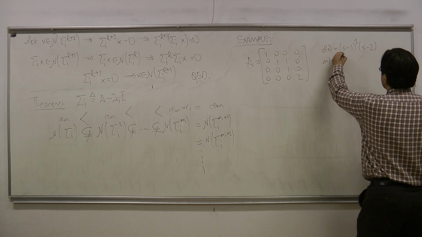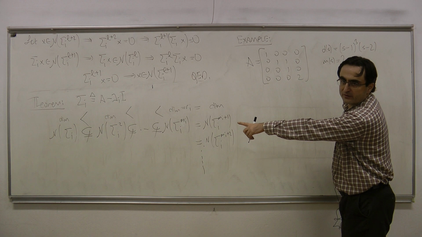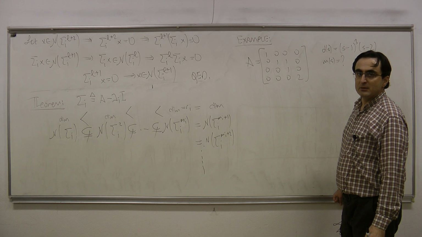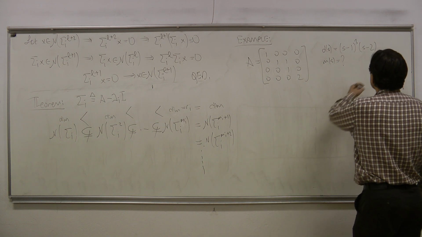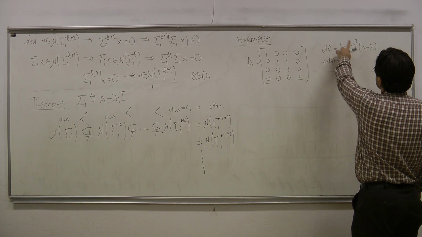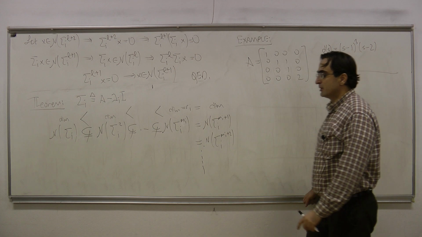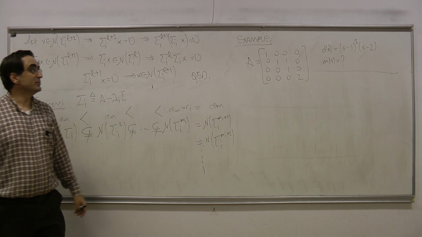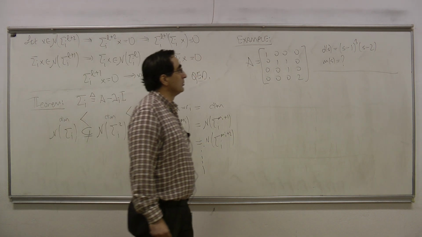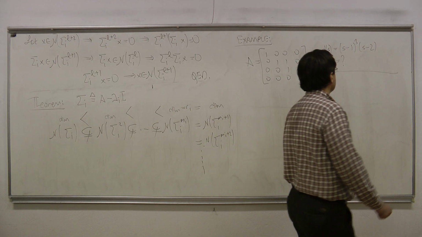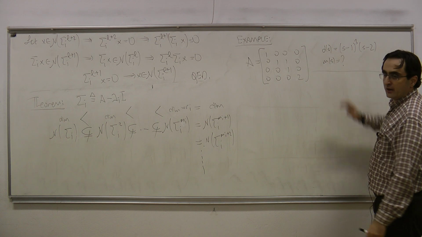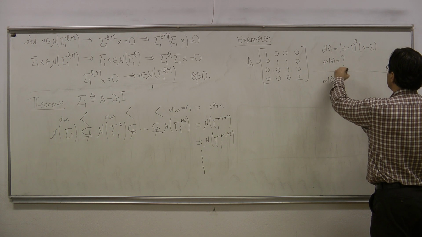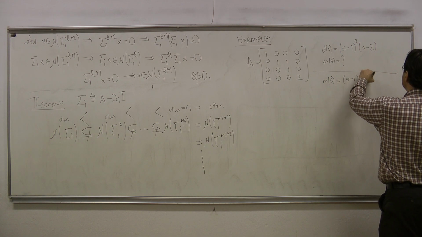But here we are going to use these null space properties to determine the minimal polynomial. So for this matrix, how many minimal polynomial possibilities exist? How many different minimal polynomials can such a matrix have? I have this characteristic polynomial. For example, can M of S be S minus 1 times S minus 2?